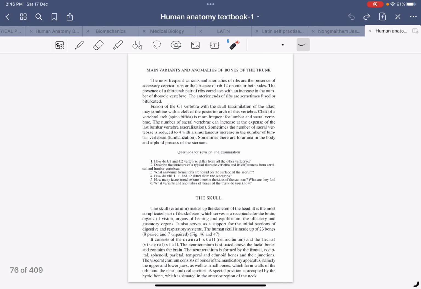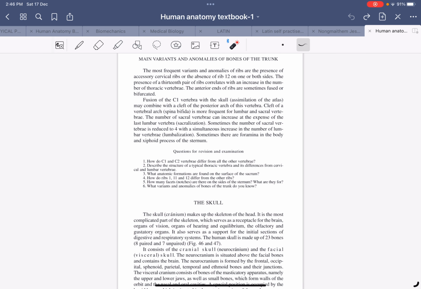My lecture strategy will start from the brain part, which means the skull, and then I will come to the vertebra, and then to the limbs, which are found mostly in our hand, arm, and leg.